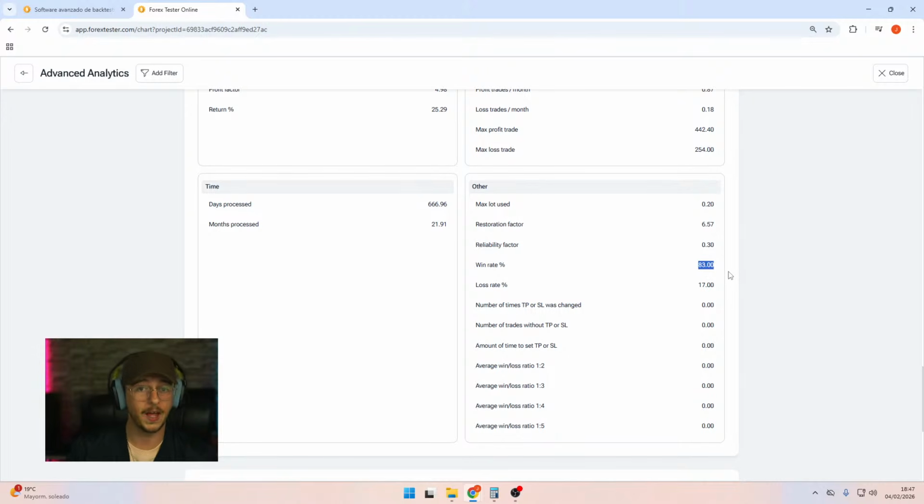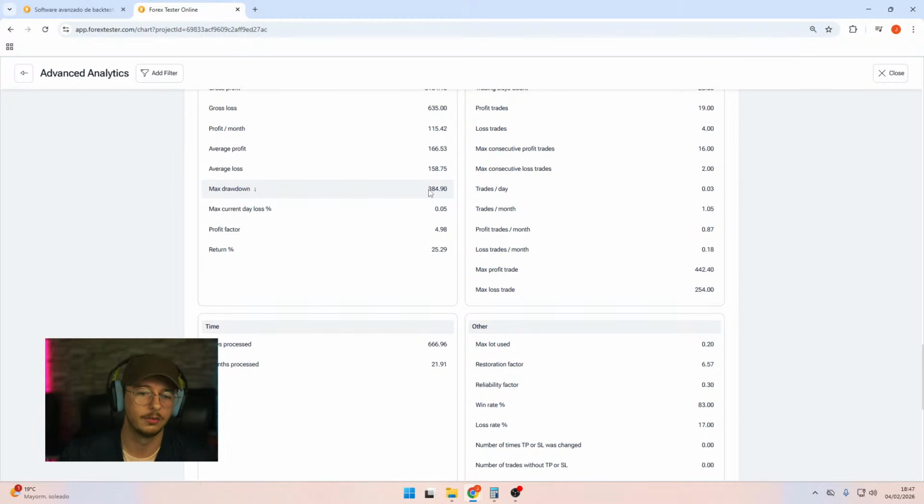But before I actually refined my strategy, I was sitting on a 55% win rate with a risk reward of 1-to-1, and it still made me money. And this has now got an 83% win rate with a risk reward of 1-to-1. And the best part is that the drawdown stays exactly the same, but we're using an actual stop loss.